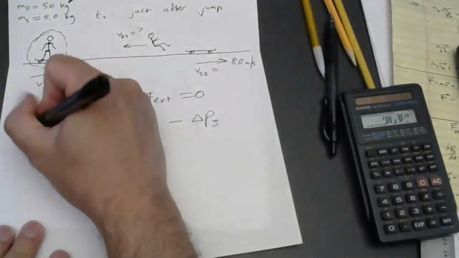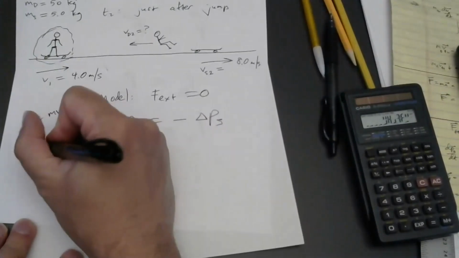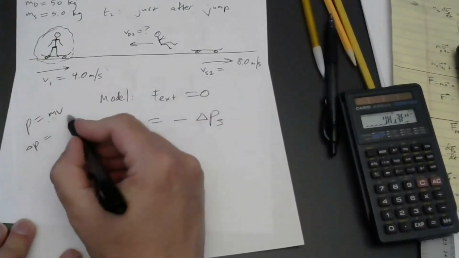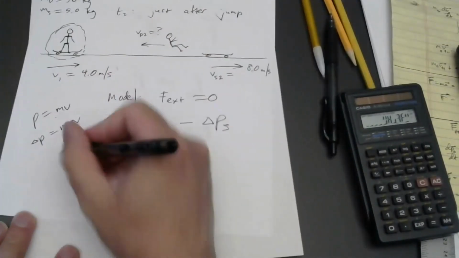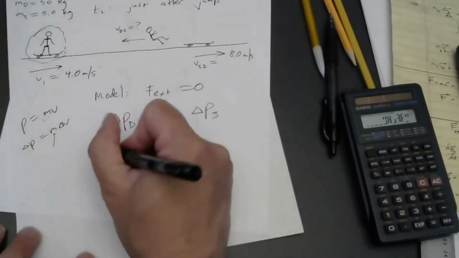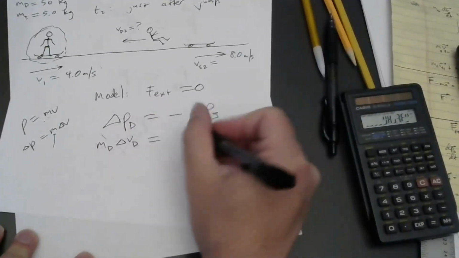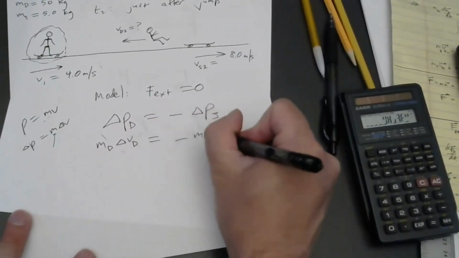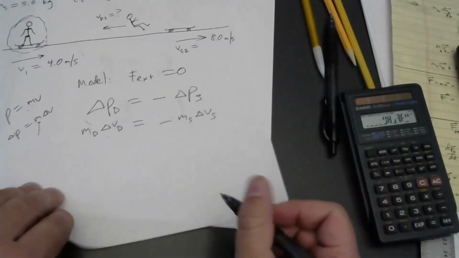And since P is equal to mv, for any particular mass, delta P would be m v final minus m v initial, factor out the m, and it's m delta v. So if your mass isn't changing, delta P is the same as m delta v. So this would be Dan's mass times the change in velocity for Dan, and that's got to be equal to the negative of the skateboard mass times the change in velocity for the skateboard.